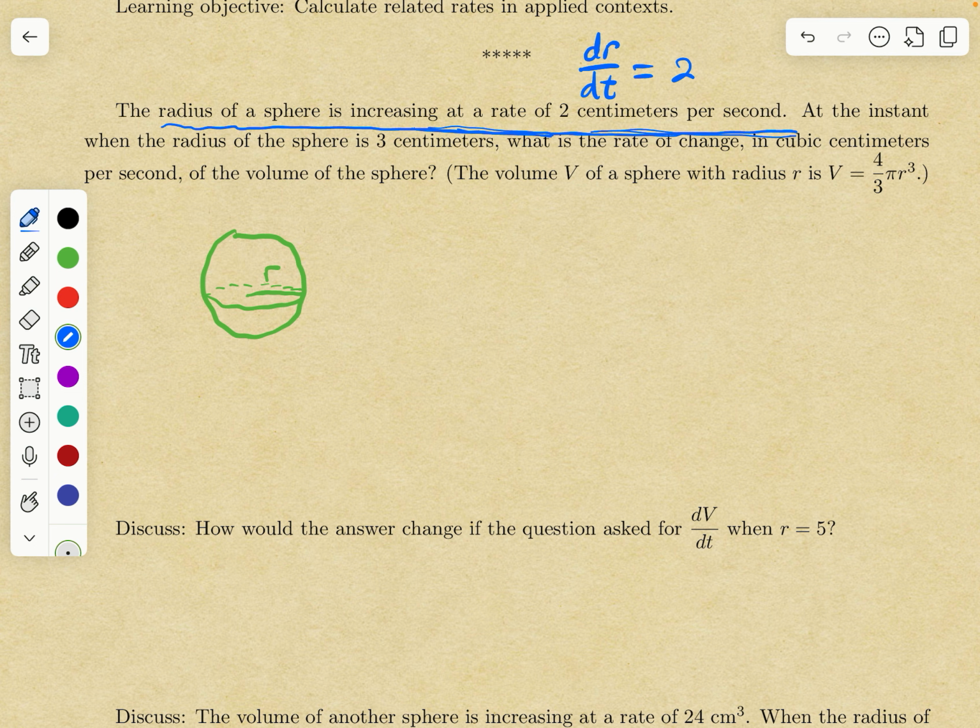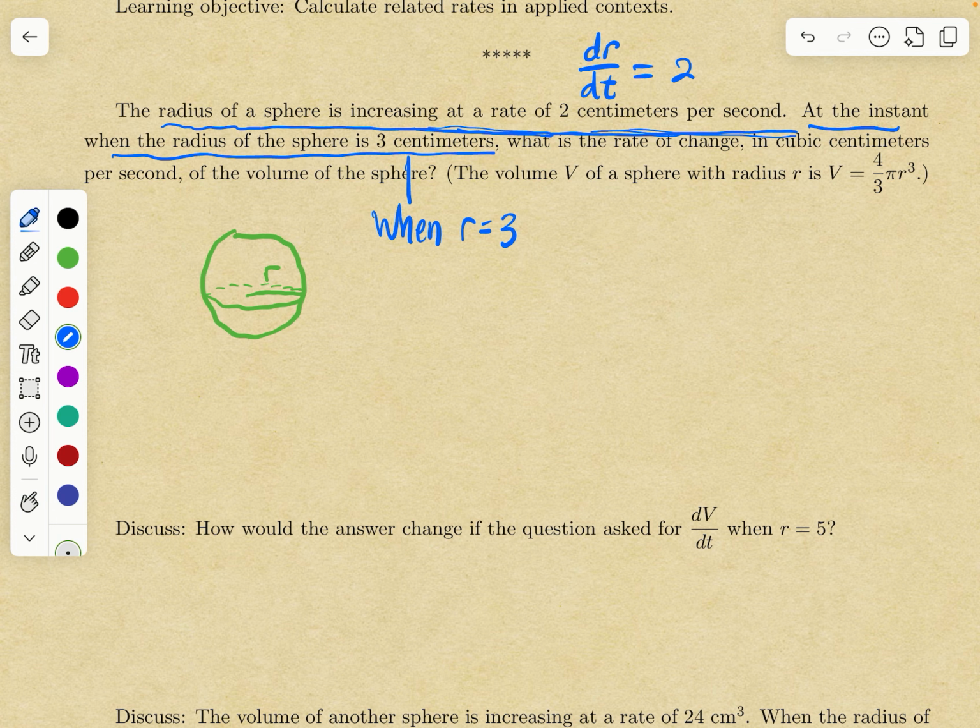And then for the second sentence, at the instant when the radius of the sphere is 3 centimeters, that would be when r is 3. So we're saying when r is 3, what is the rate of change in cubic centimeters per second of the volume of the sphere?